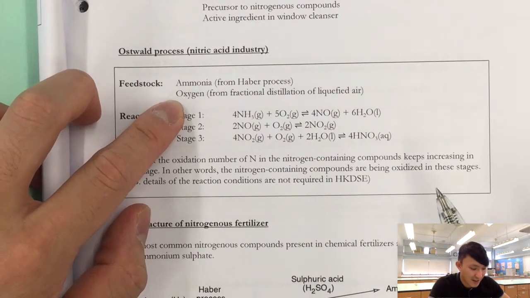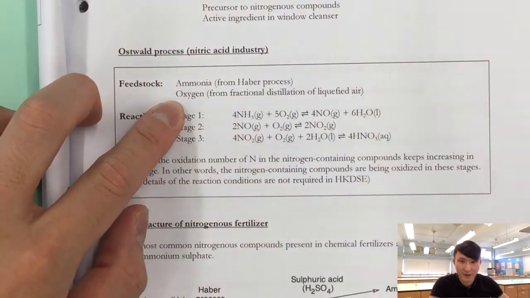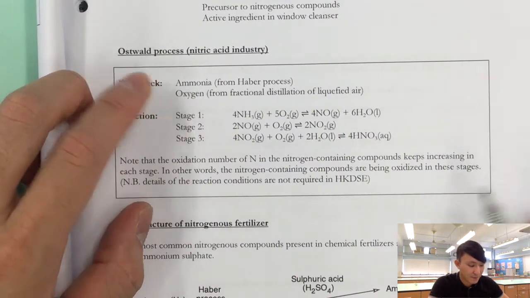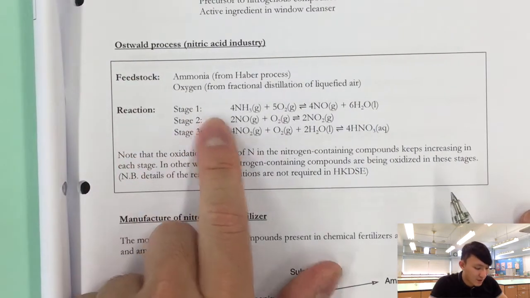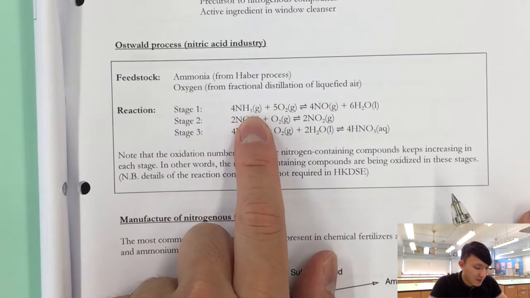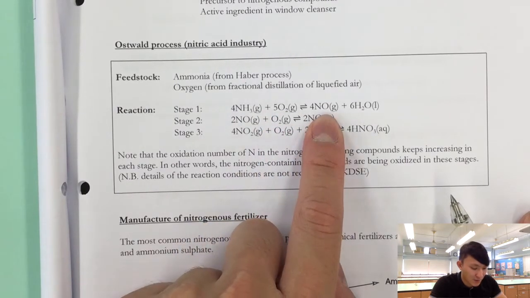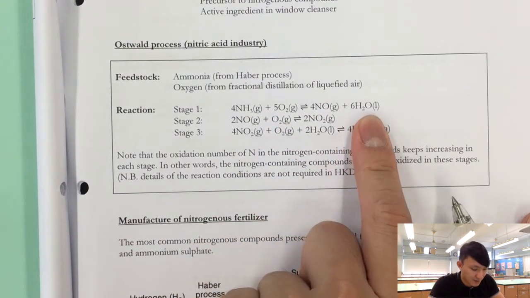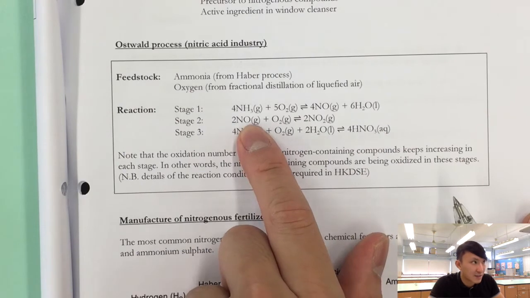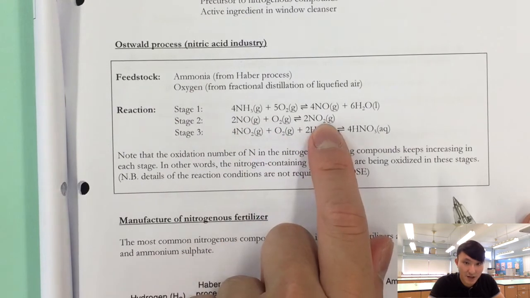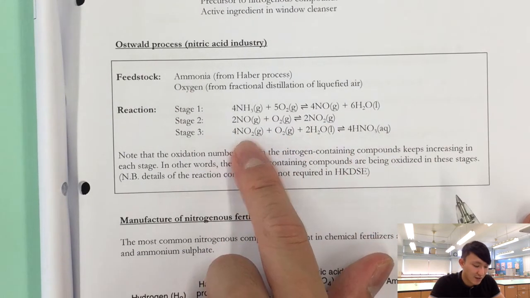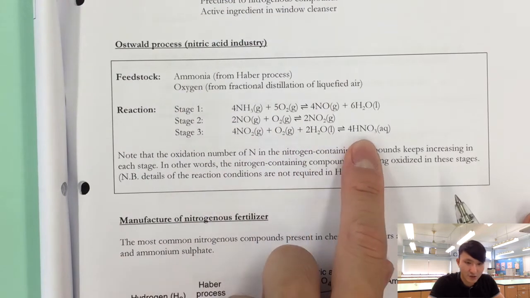Oxygen, again, is coming from the fractional distillation of liquefied air. Now, in stage 1, ammonia reacts with oxygen to form nitrogen monoxide and H2O. And then, nitrogen monoxide is oxidized into nitrogen dioxide, and then further oxidized to form nitric acid.